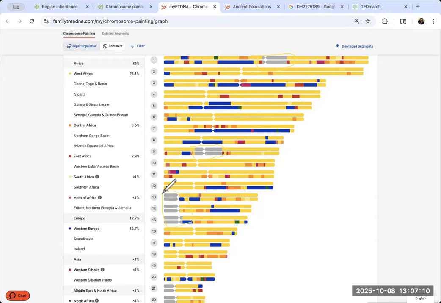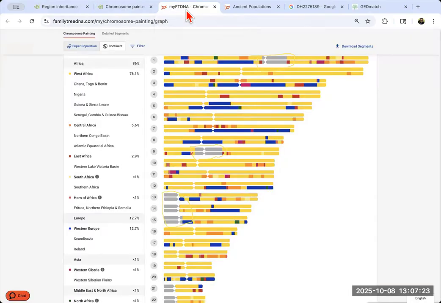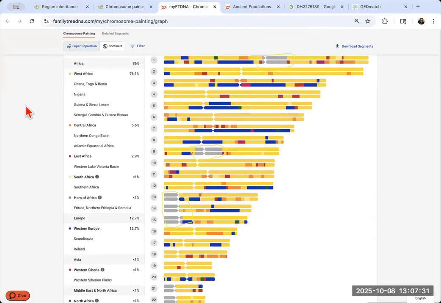Well, we know we saw that. In 21, 22, we know we saw that. And these are two different companies. So we do see some similarities and we do see some differences.